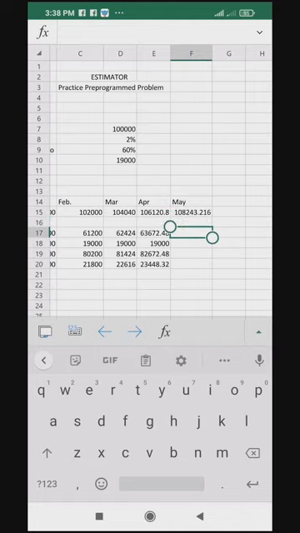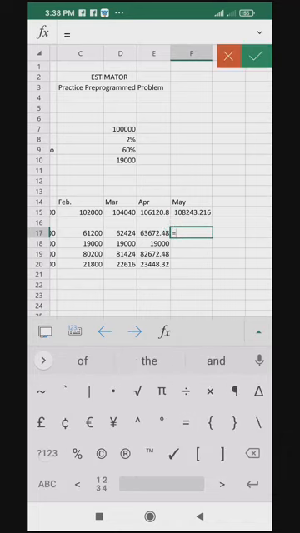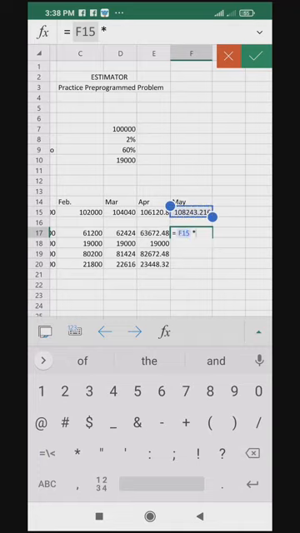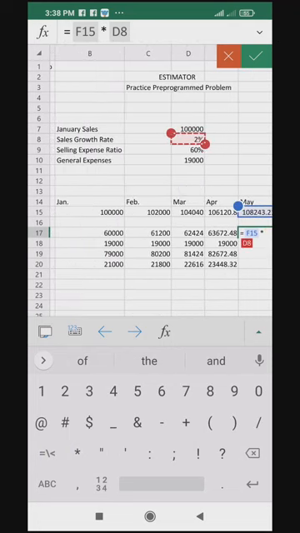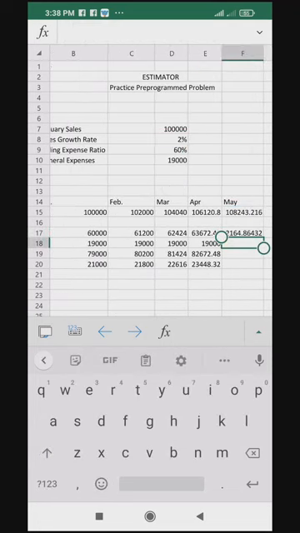The selling expenses for the month of May is equal to the sales for the month of May, which is F15, times D8, the sales growth rate.